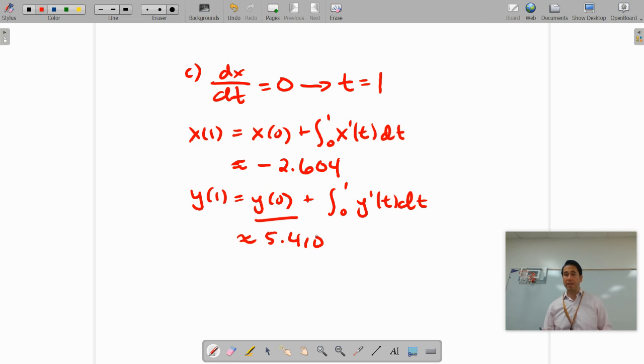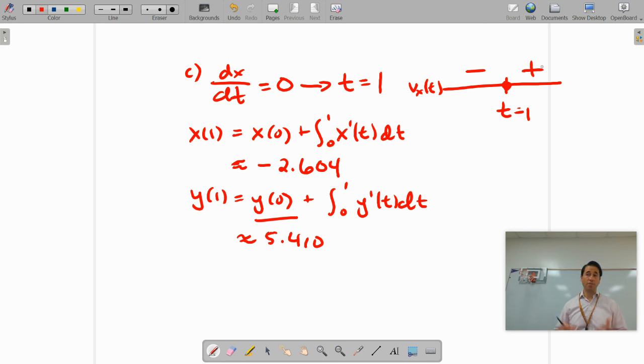Now the interesting thing here is we do a sign analysis for dx/dt, or for velocity. We notice that it equals 0 at time t equals 1, and it changes from negative to positive at that value. Therefore, we know that x of t has a relative minimum.